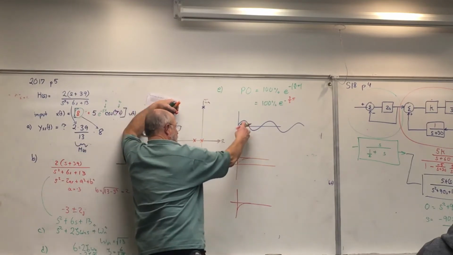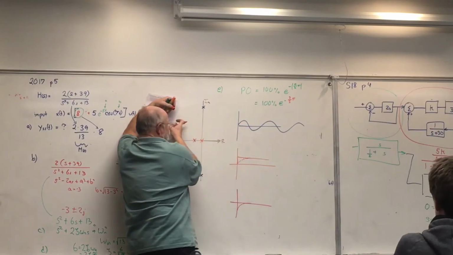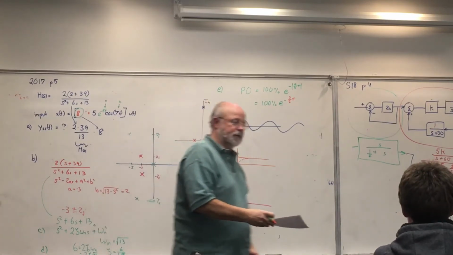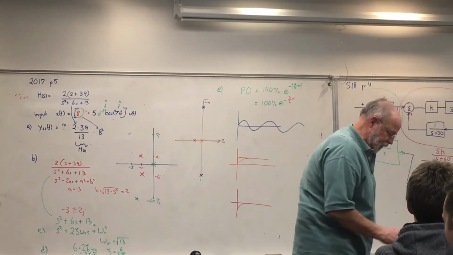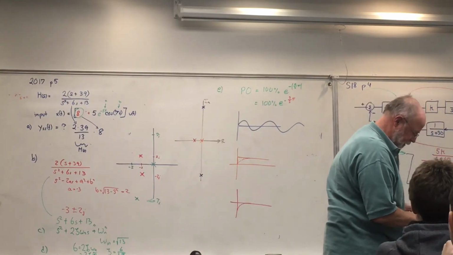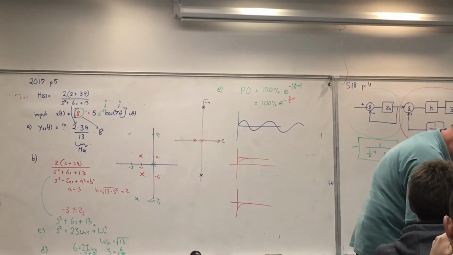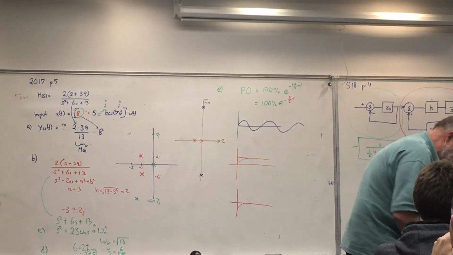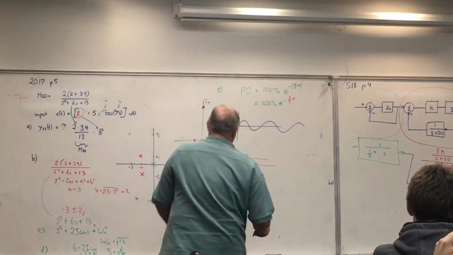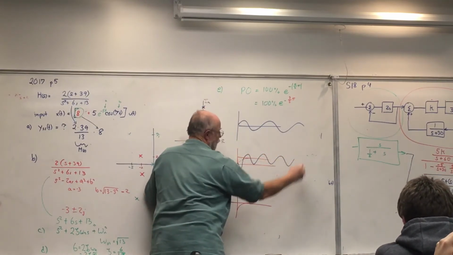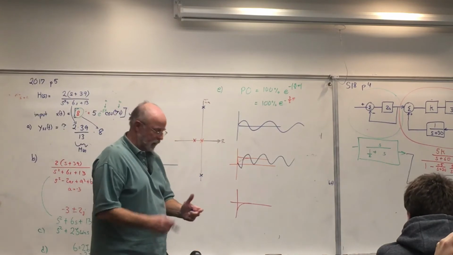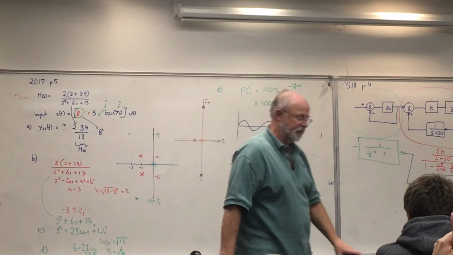Now, how does this add to this? When you add them, what do you get? Sinusoid around that. Yeah, so you get some sort of a sinusoid around that. That's like this. So we're looking for something like that.